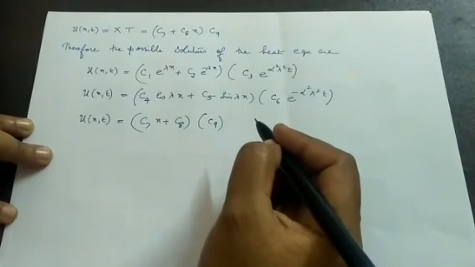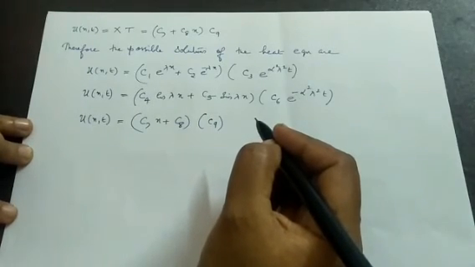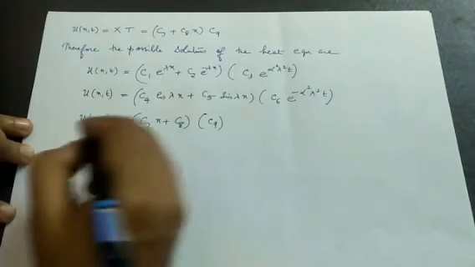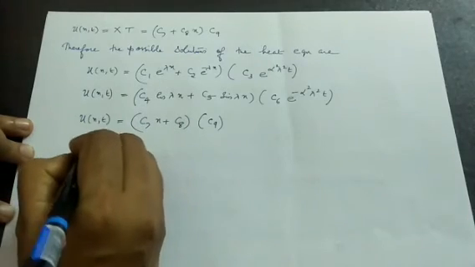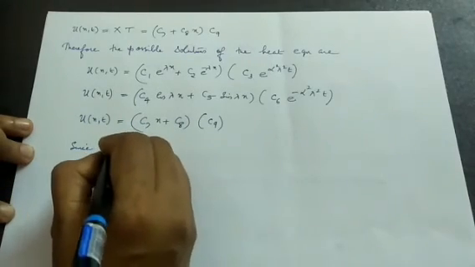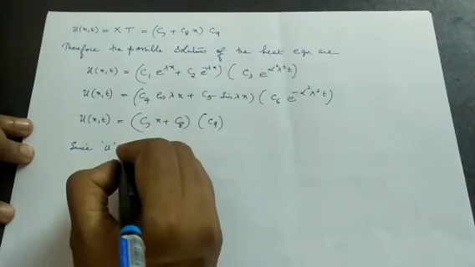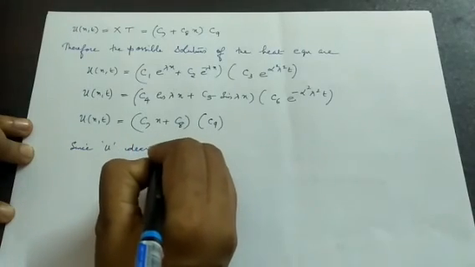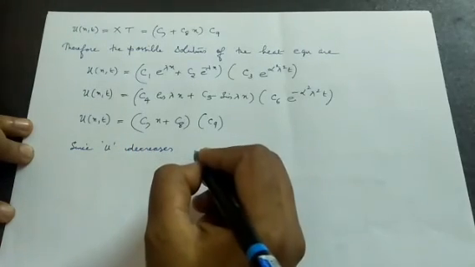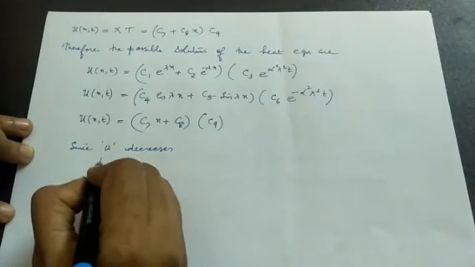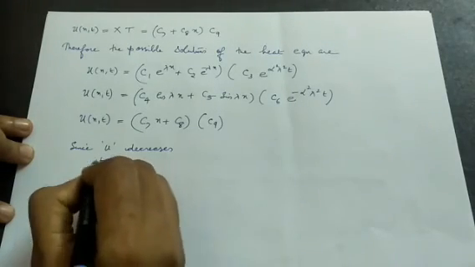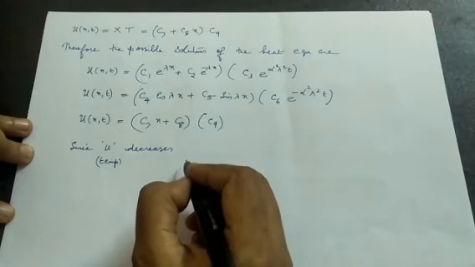Of these three solutions, we have to choose the solution which is consistent with the physical nature of the problem. Since we are dealing with heat equation problems, u represents the temperature of a bar.